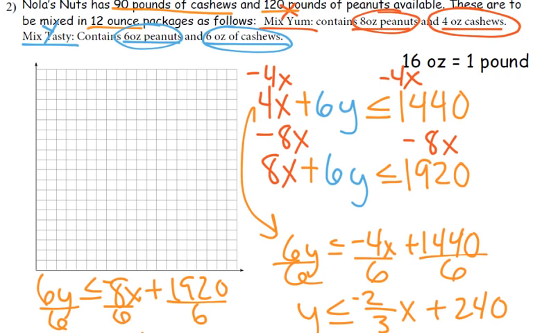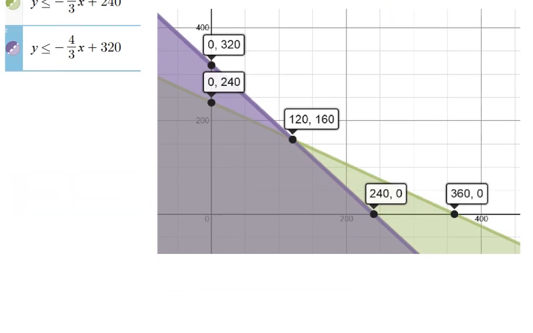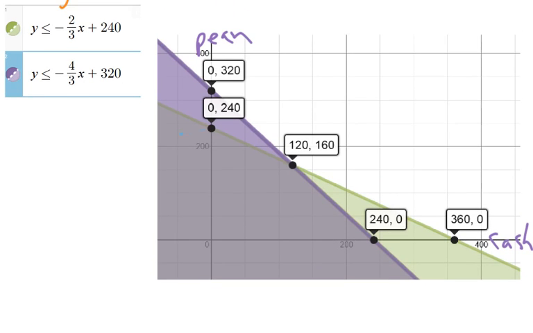The cashews, right? And our y stood for the peanuts. So these would be cashews and peanuts. Okay, so we can see our y-intercepts, right? 240, 320, and then we go down and we see our x-intercepts, and we see that point where they intersect. That's the point where it changes.